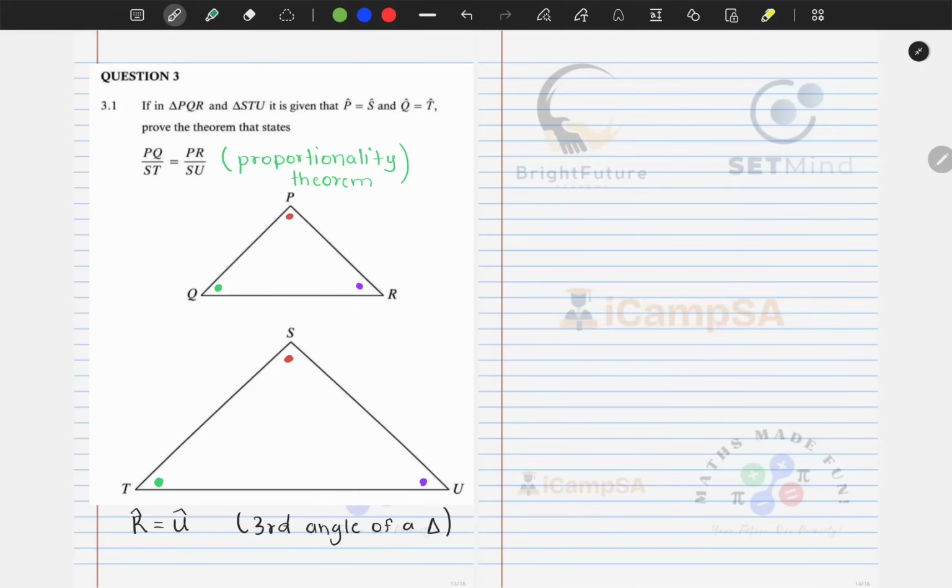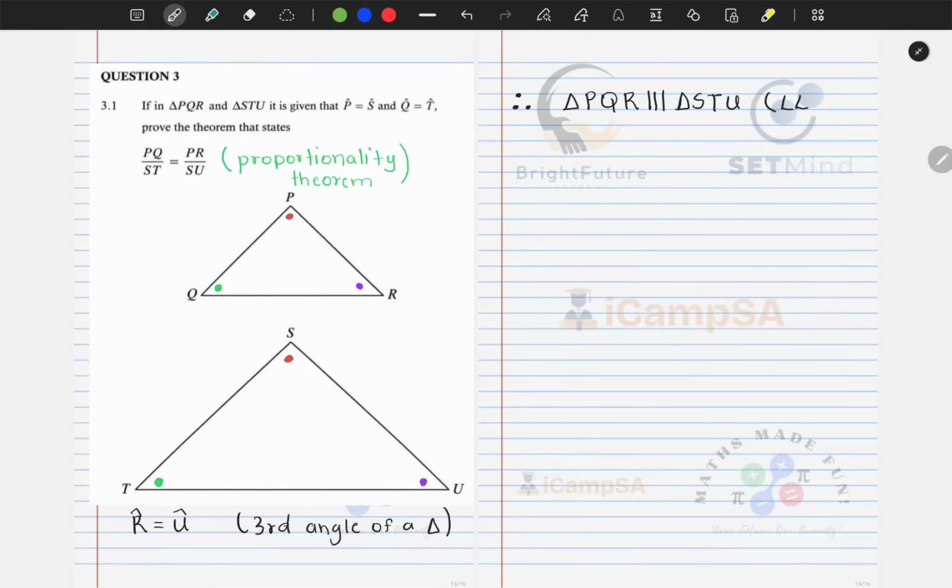So once we have three angles that are equal, what does it mean about these triangles? What this means is that these triangles are similar. So triangle PQR will be similar to triangle STU.